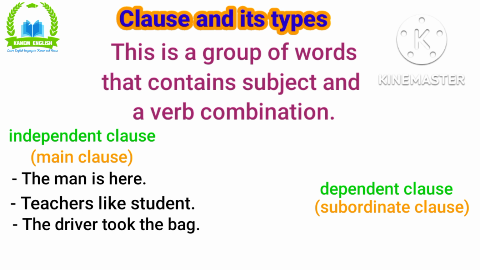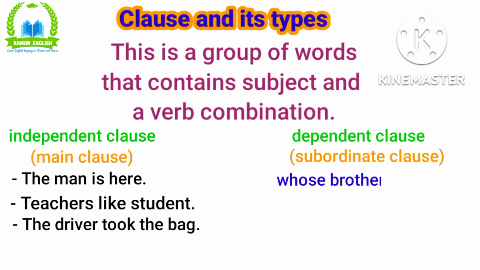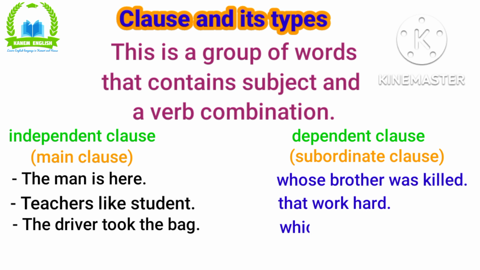But what about the subordinate clause, that is, the dependent clause? If you now tell someone "whose brother was killed," this one has incomplete meaning. "That work hard," this is also not complete. "Which he bought," this is also not complete. So in "whose brother was killed," brother is the subject and was killed is the verb.